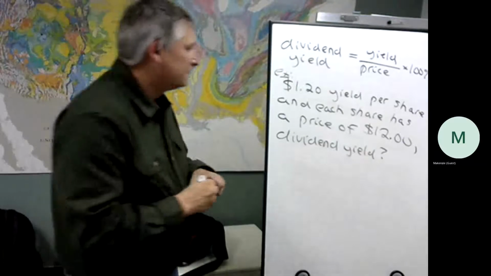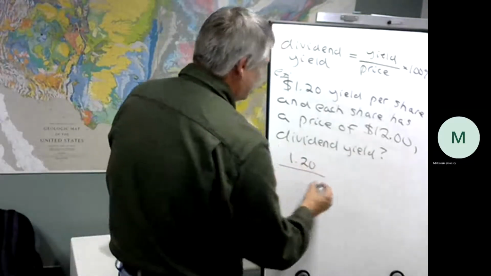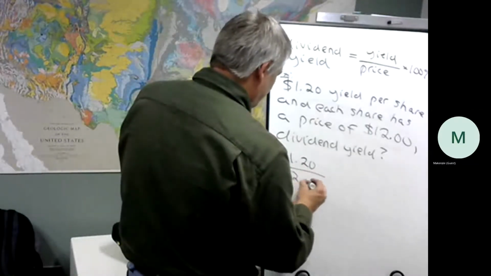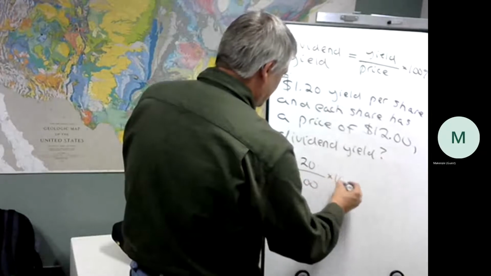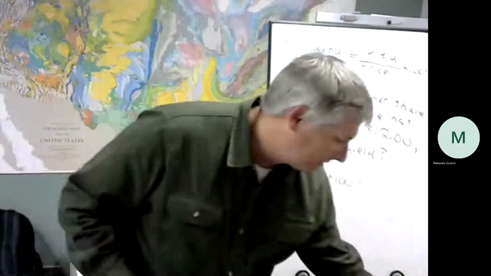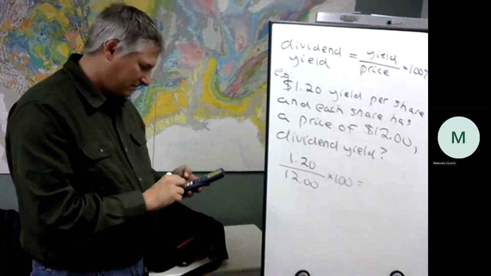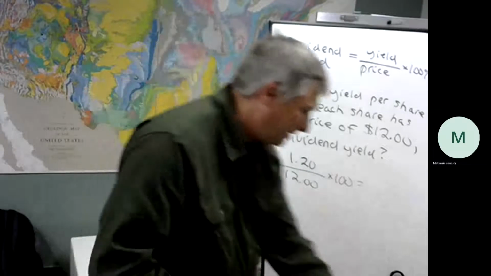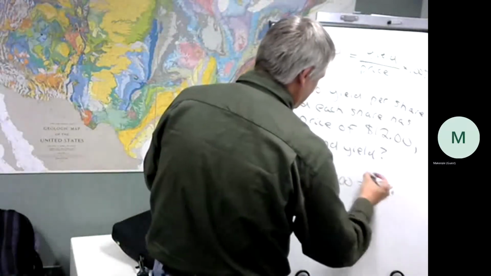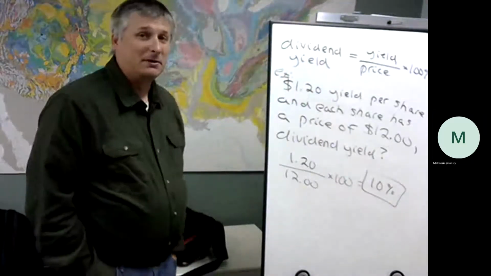So we take the yield, 1.20, divide by the price, $12, times 100. If you do that calculation, you'll get 10%. And that's going to be your answer.